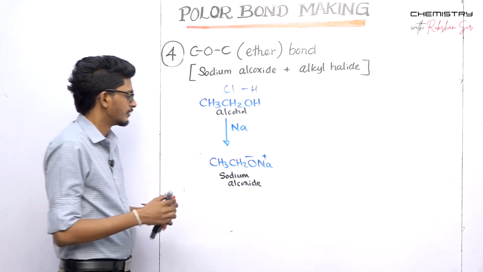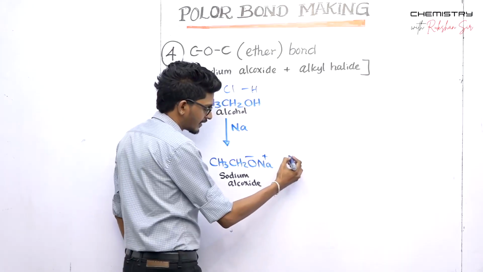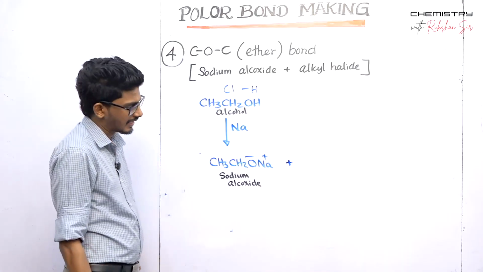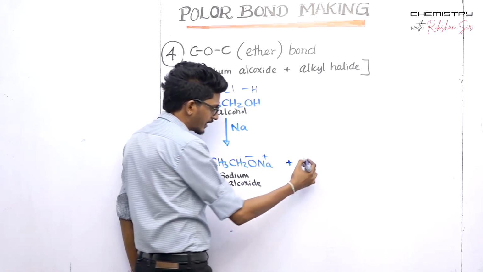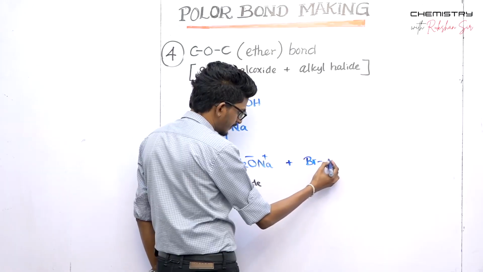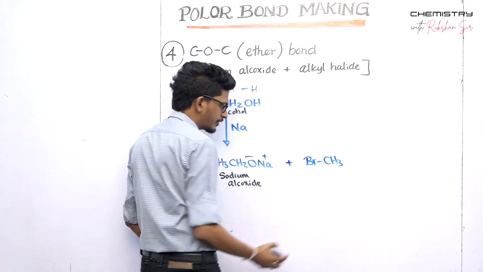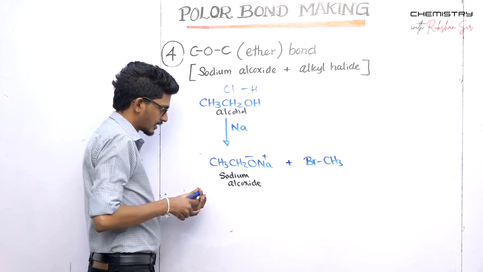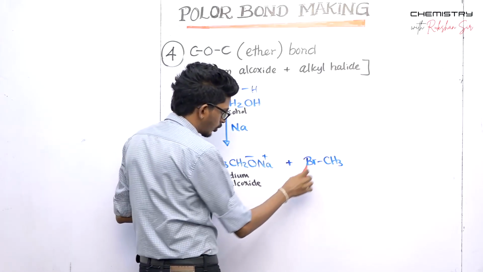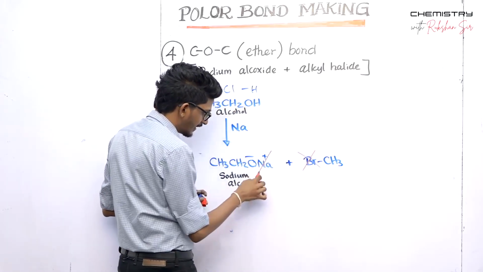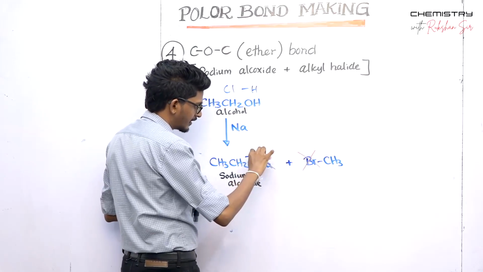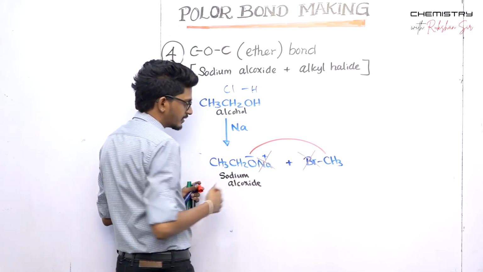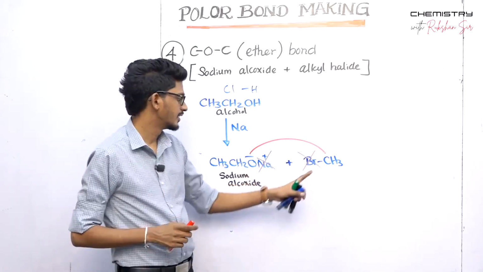So if you react the sodium alkoxide with alkyl halide, like this, any kind of alkyl halide, what happens is this sodium and Br will leave, connecting the carbon and the oxygen.